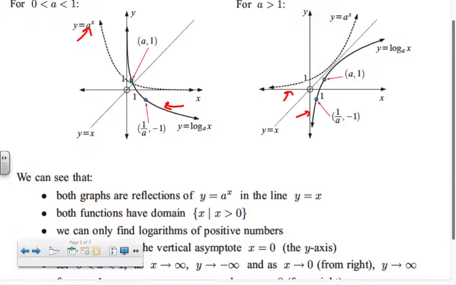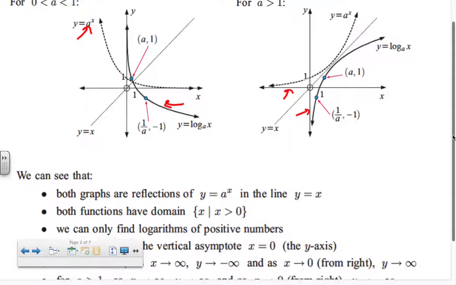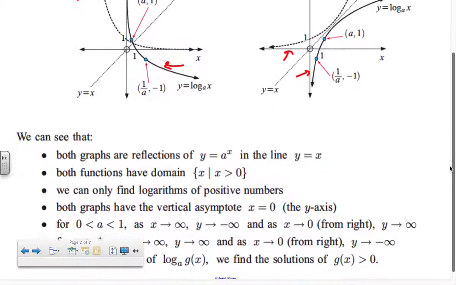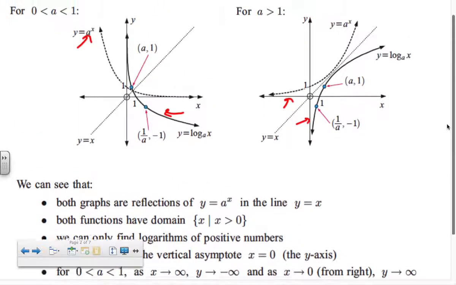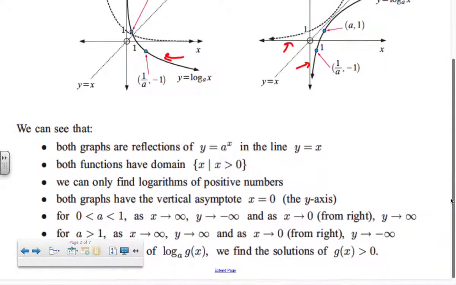Functions have domain of x greater than 0. You know we can only find logs of positive numbers. That's just a note that we already know. So again, conceptual stuff. You can read through these. I'm not going to go over them all because it's easier once we start interpreting some examples.